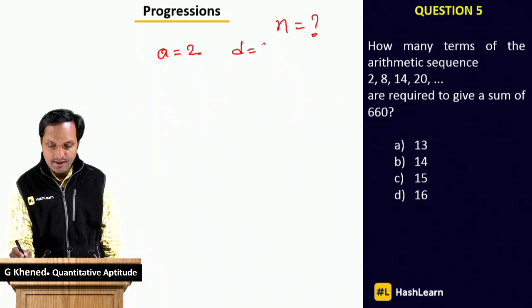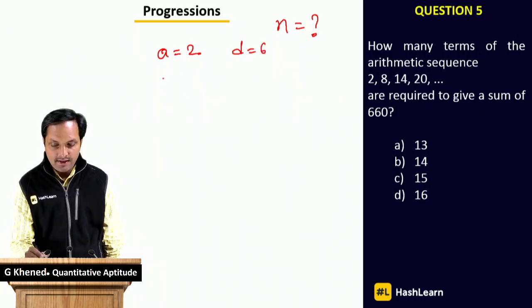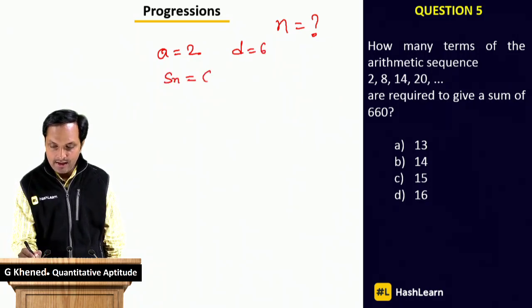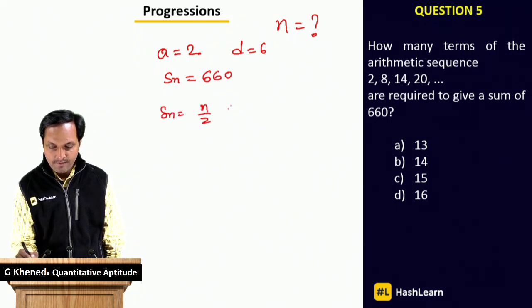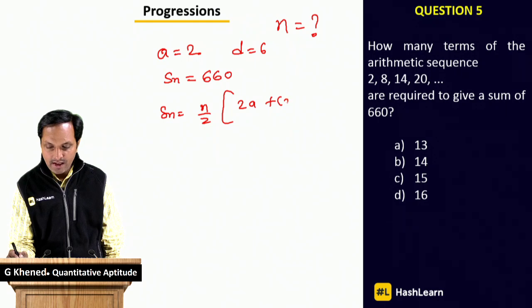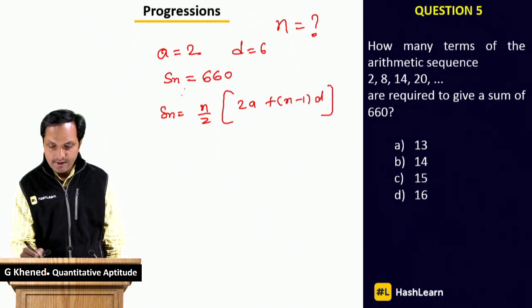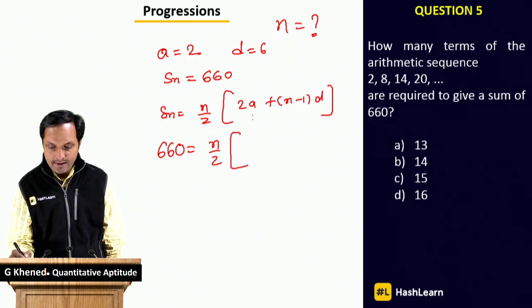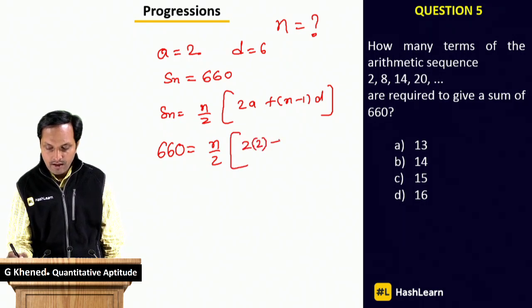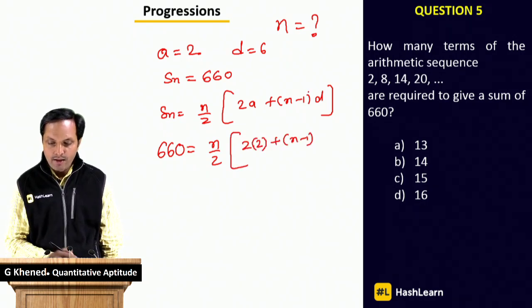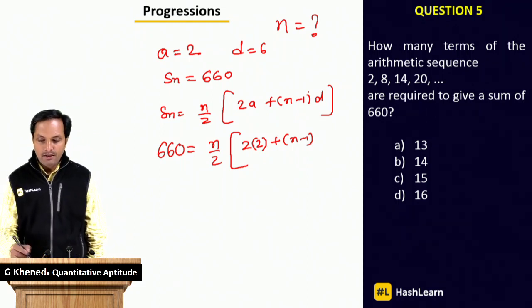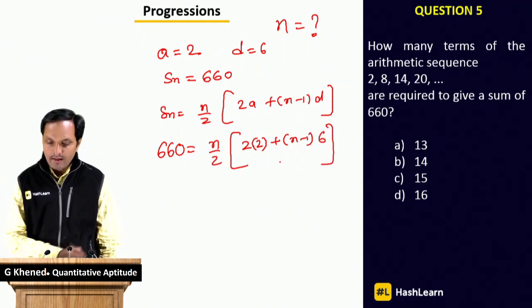So the common difference is 6. The sum Sn is 660. The formula is n by 2 into 2a plus n minus 1 into d. Sn is 660, n we need to find, A is 2, and d is nothing but 6, as he has given.